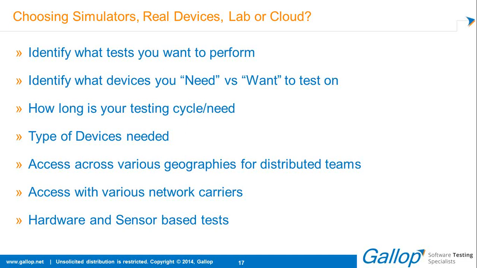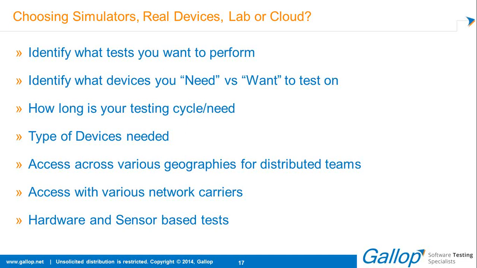So based on the testing cycle and how many times you would want to test, you would want to consider procuring real devices versus getting an on-premise lab versus going for a cloud provider, which is more of a pay-as-you-go basis. And then you might want to consider the type of devices as we discussed.